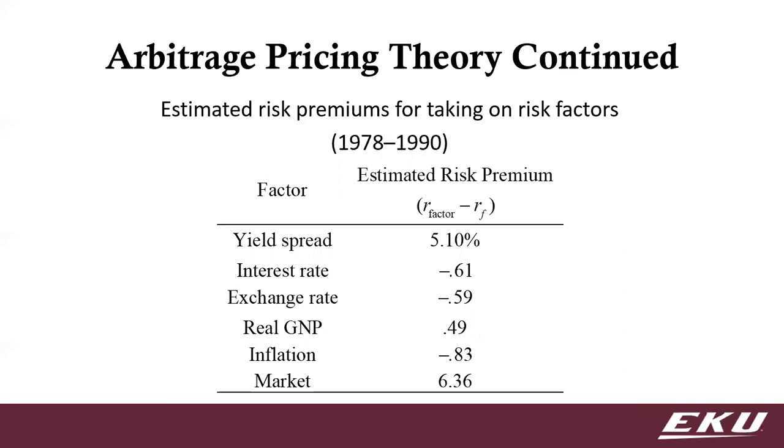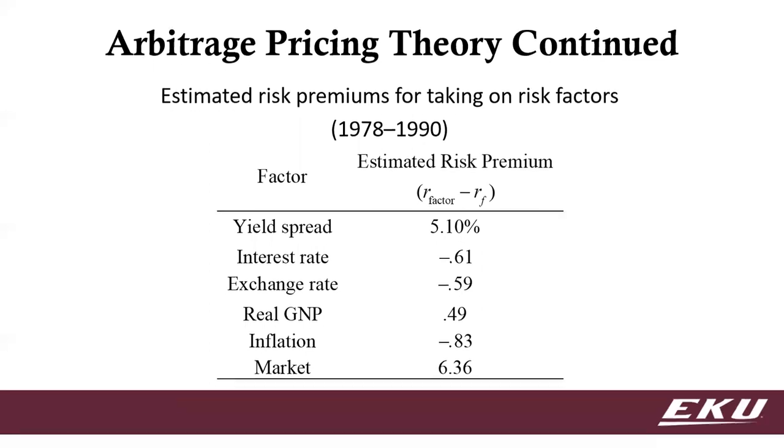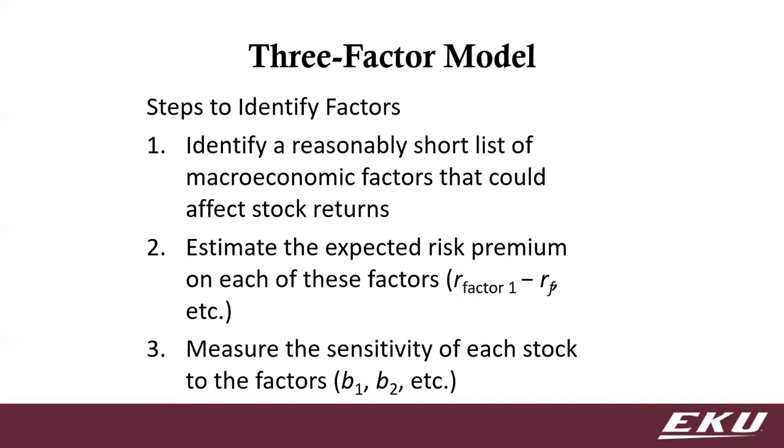So we're not going to do anything quite this complex. I just wanted you to be aware of this, right? What I'm talking about is something known as a three-factor model.